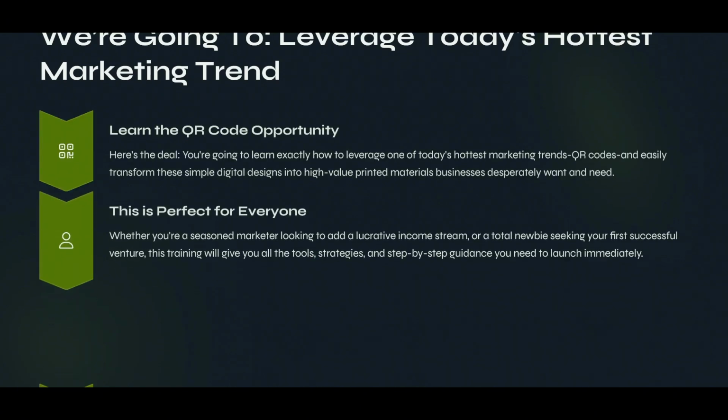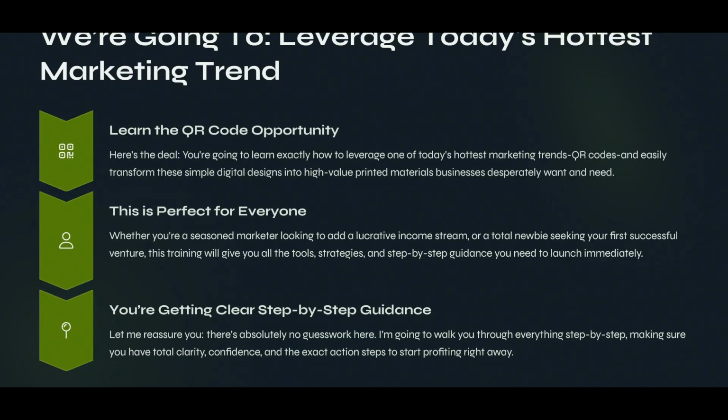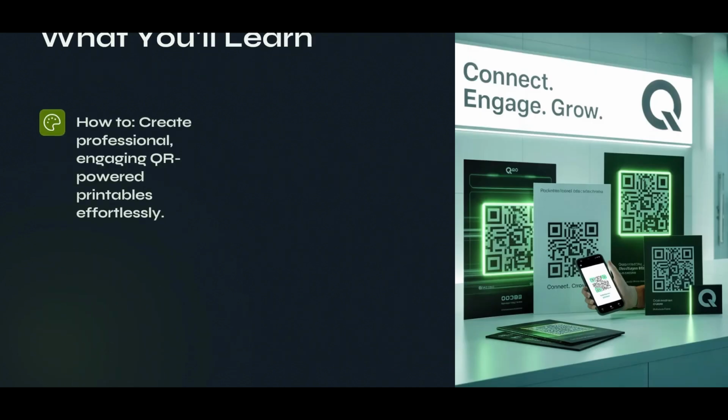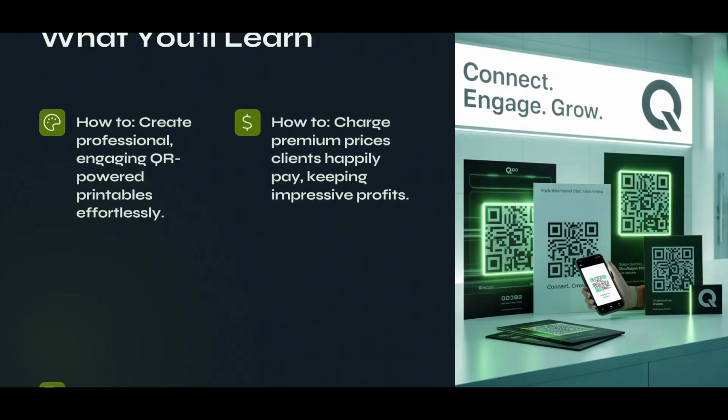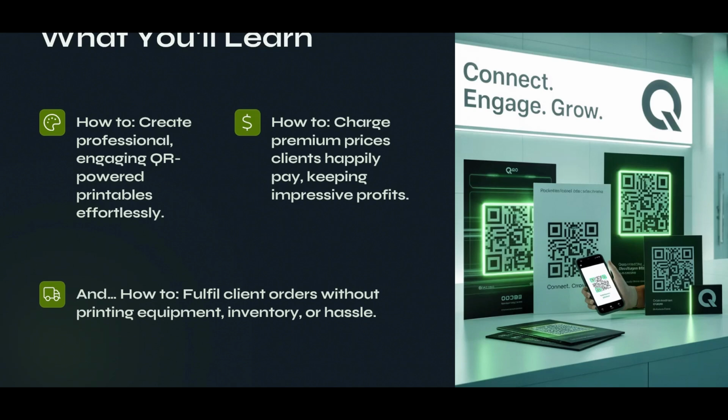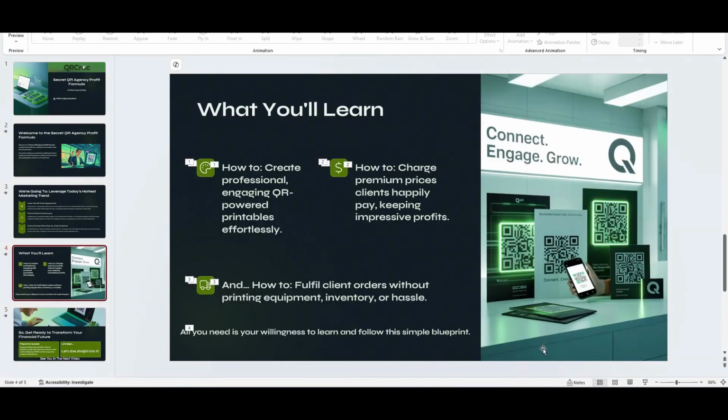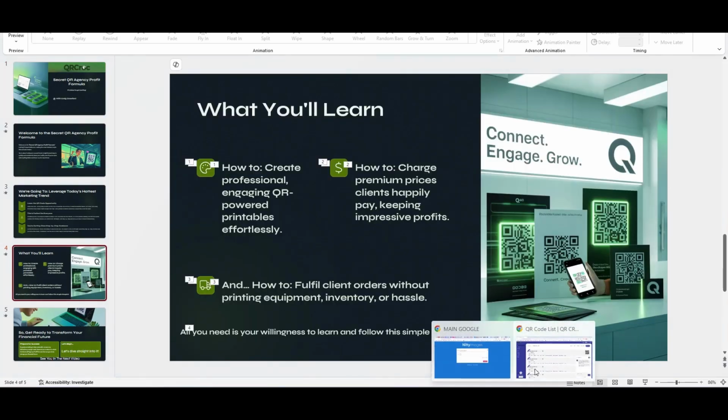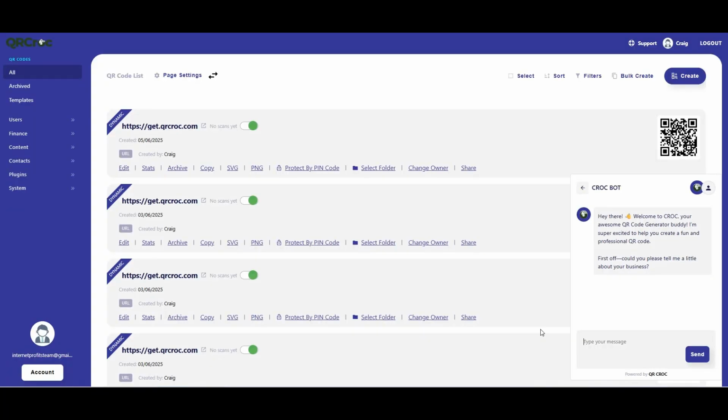So this is just part of the training. I just wanted to show you a quick preview of the presentation that we have, but it is an automated, hands-free way of having lower cost printing so you can add on for profits. It's going to be amazing training that's going to help everyone out.